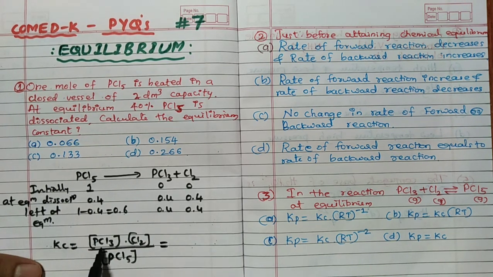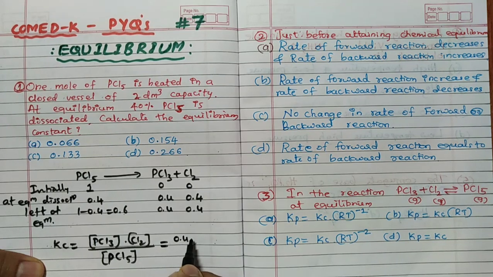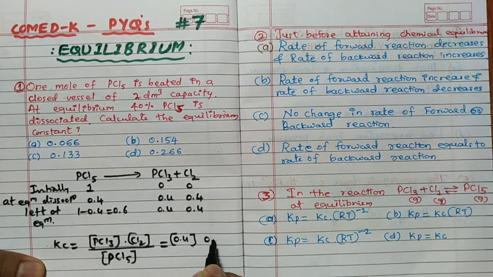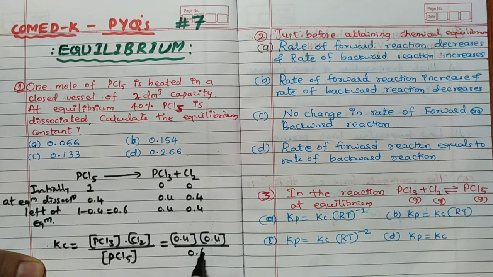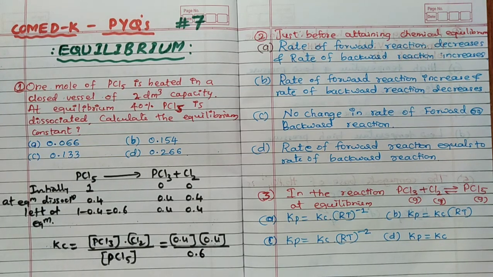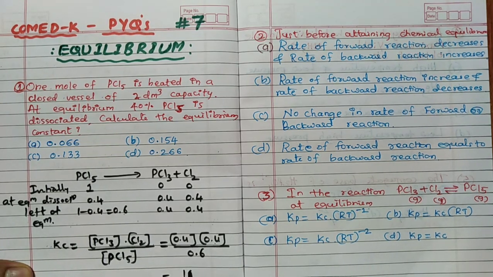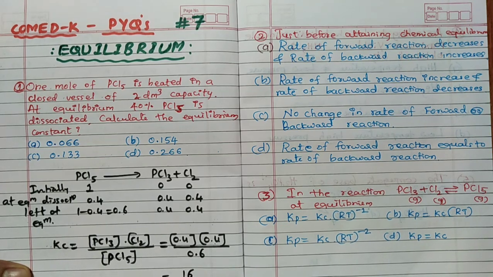Now you substitute PCl3 0.4, Cl2 0.4, divided by PCl5, which is 0.6. So 0.4, 0.4, 0.6. Now this is equal to 4 fours are 16, correct? 4 fours are 16, and 0.6 you are going to get, so divided by 60 I will write.